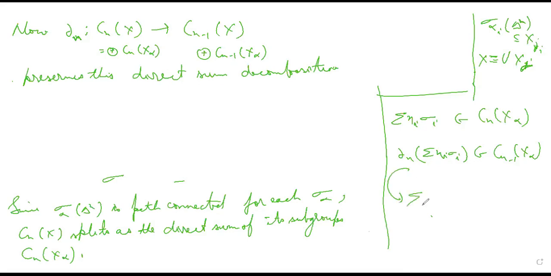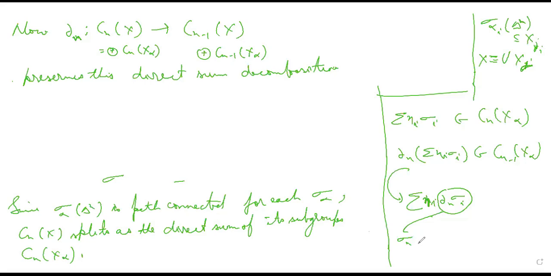This is the summation of ni boundary n sigma i, which is basically the sum of restrictions of sigma i's.